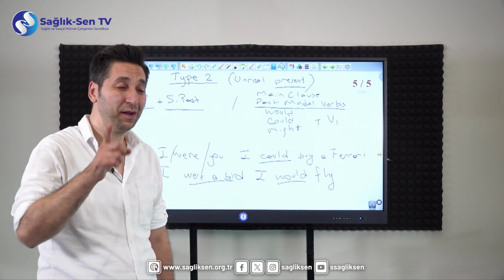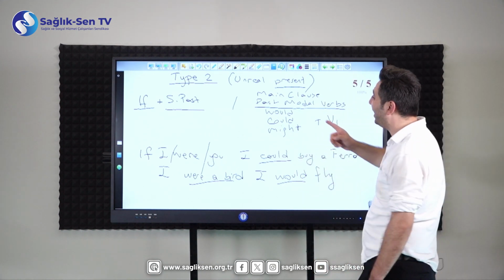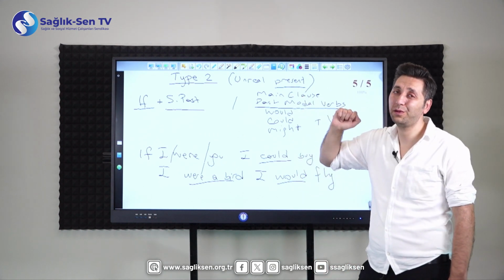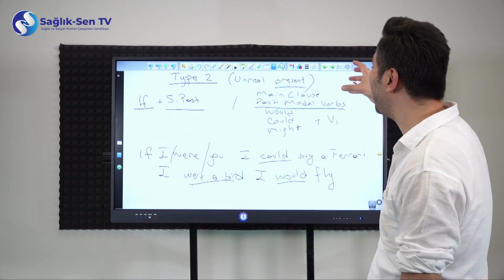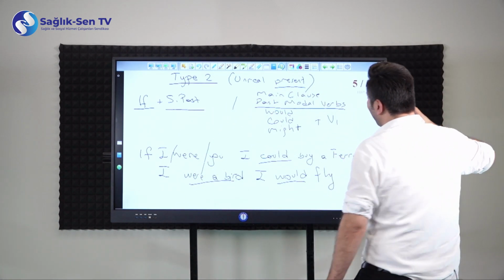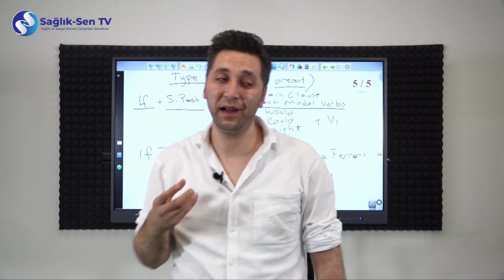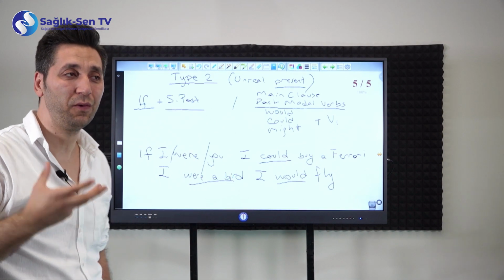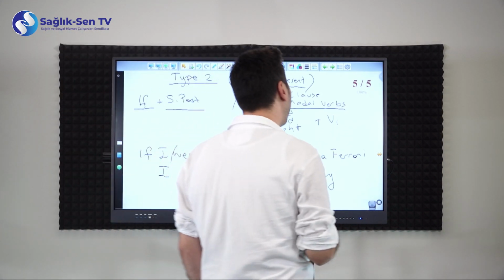Is that true? No, because it is an unreal condition. If I did, if you do, is better. If you do any exercises, you will improve yourself. How can you exercise? How can you practice?